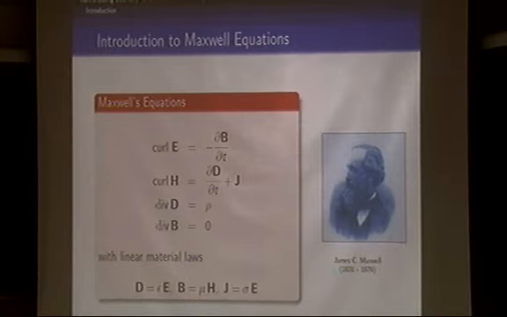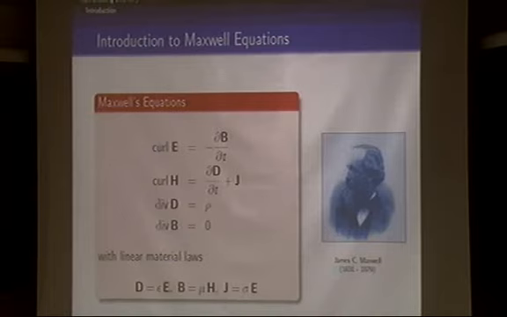D is the electric displacement, and J is some kind of source term. And sigma gives a relationship between J and E. You can see here, J is sigma, the conductivity, times E. Conductivity you can see very often in the kitchen. For example, if you want to cook noodles, there exists some kind of conductivity.